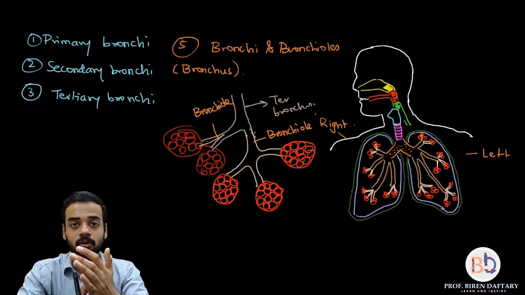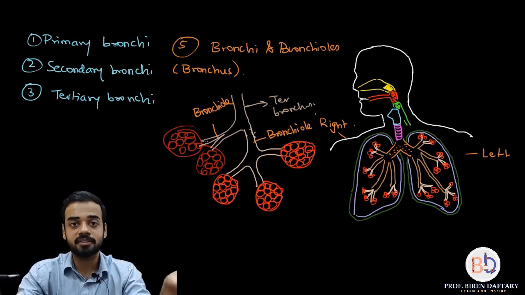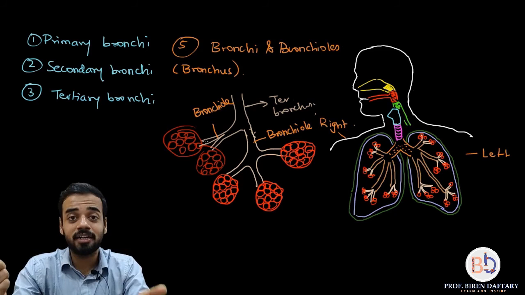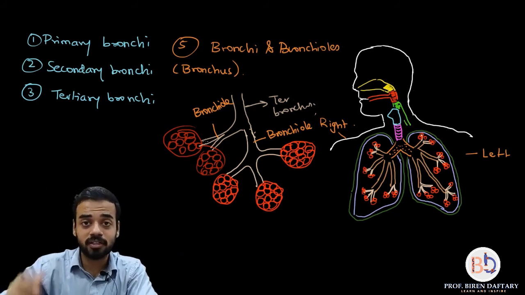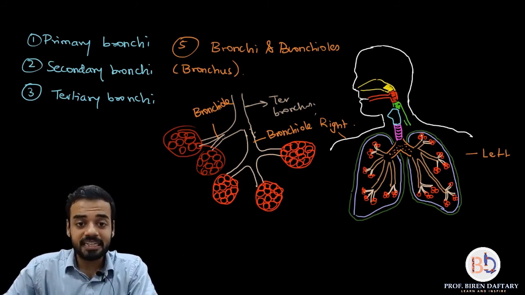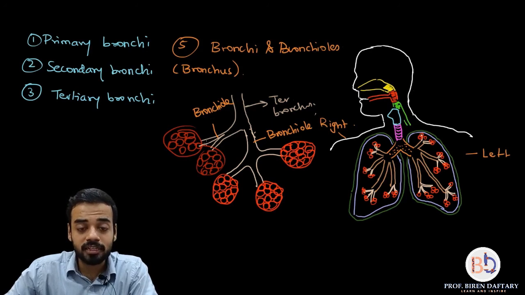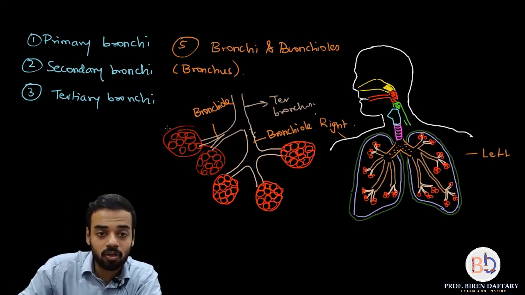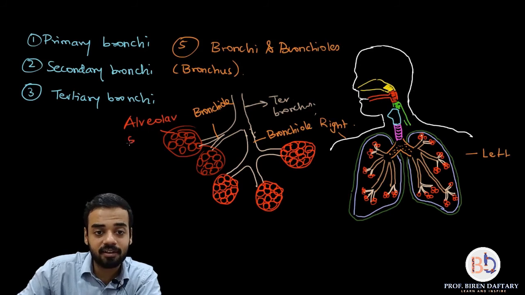Each primary bronchus enters the lungs. Secondary bronchi, tertiary bronchi, each tertiary bronchus divides into bronchioles. Now further division, please pay attention over here. Each bronchiole is further divided into many alveolar sacs. These balloons which I have drawn are called alveolar sacs.